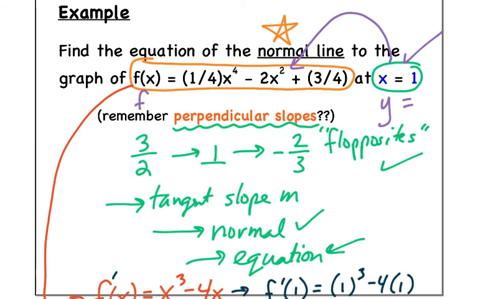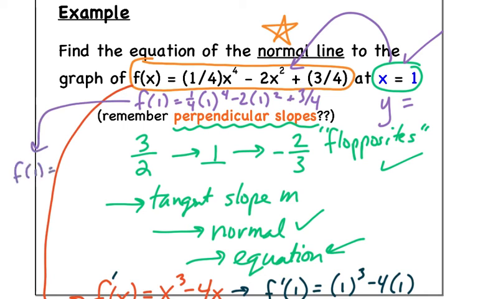We get f of 1 is 1/4, 1 to the 4th, minus 2 times 1 squared, plus 3 over 4. All right, let's simplify. Let's bring him over here. There's a little more room. F of 1 is, how about 1 to the 4th is just 1, times the 4th. 1 squared is 1, times 2, and then plus 3/4.